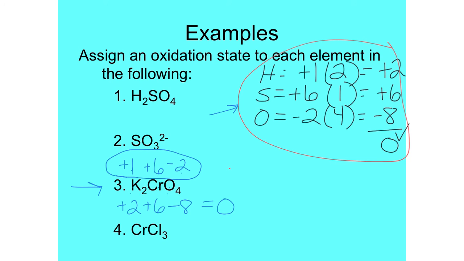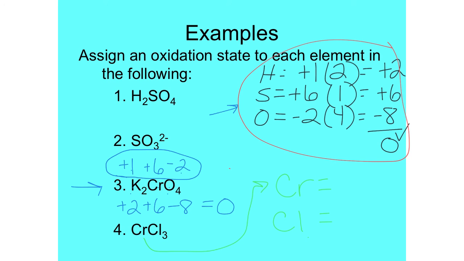Last one, CrCl3. So put this one over here. We got Cr, we got Cl. So let's locate them on the periodic table, decide who we should be starting with. And you see that Cr has more than one possibility, so does Cl.